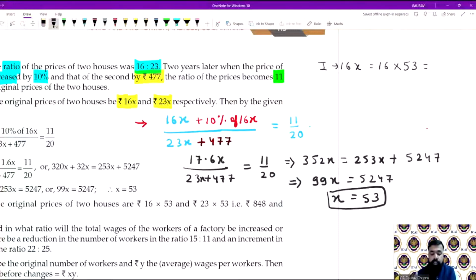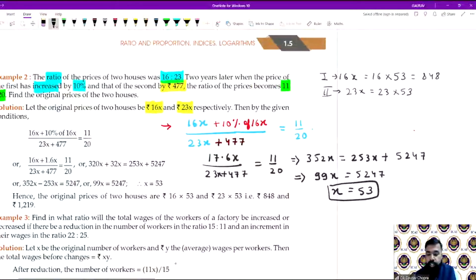How much are we getting? 848. And the second one is 23x, so 23 multiplied by 53. How much are we getting? 1219. So these are the original prices of the houses.